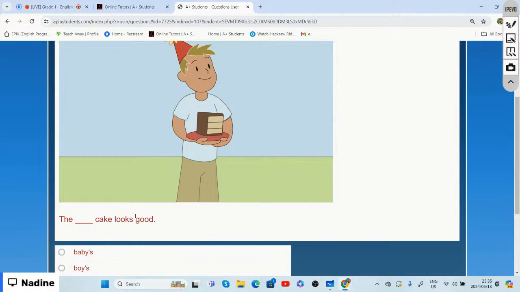It says the cake looks good. Whose cake looks good? The baby's cake looks good, or the boy's cake looks good? Is that a baby, or is he just a boy?